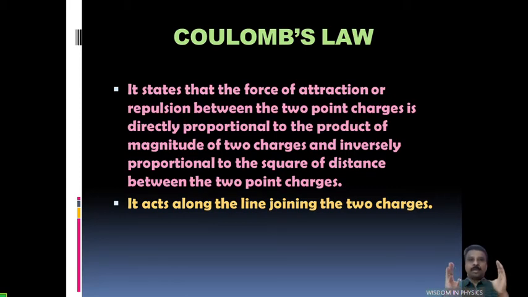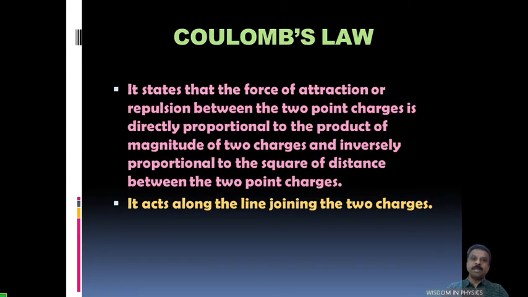So there is a force between the two charges and its magnitude is directly proportional to the magnitude of the product of the charges and inversely proportional to the square of the distance between the two charges. What naturally do we understand from this statement? Whenever you increase the charge, the force also will increase.